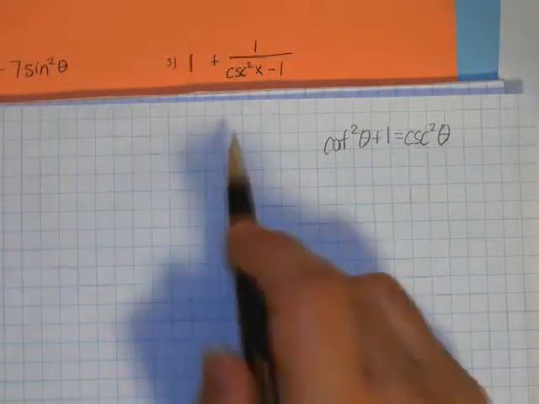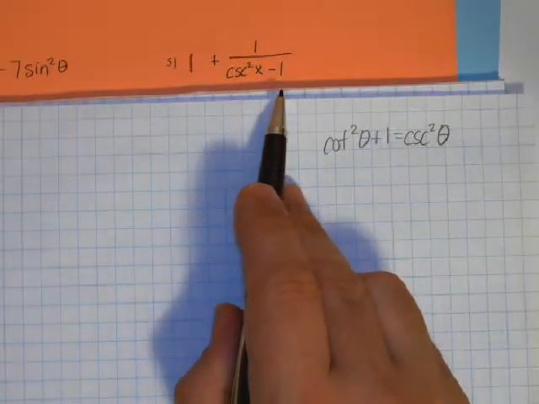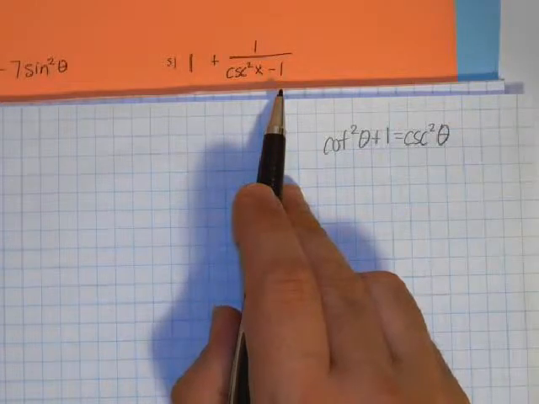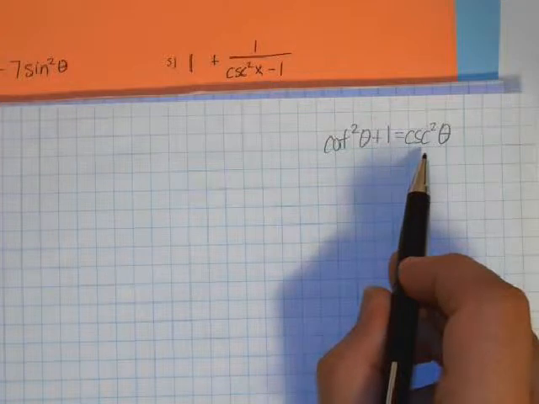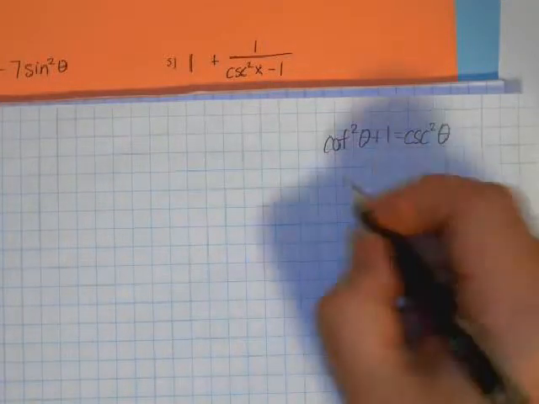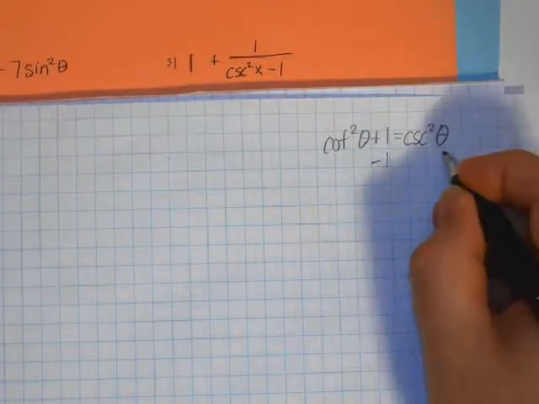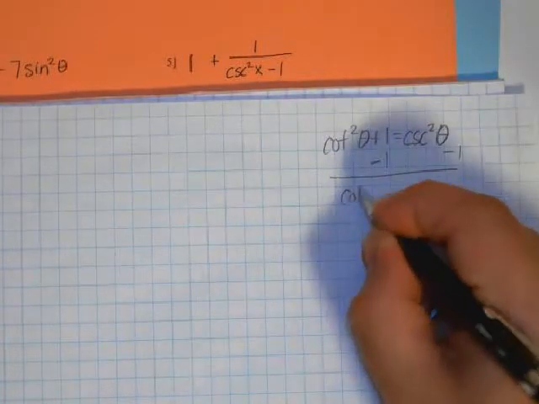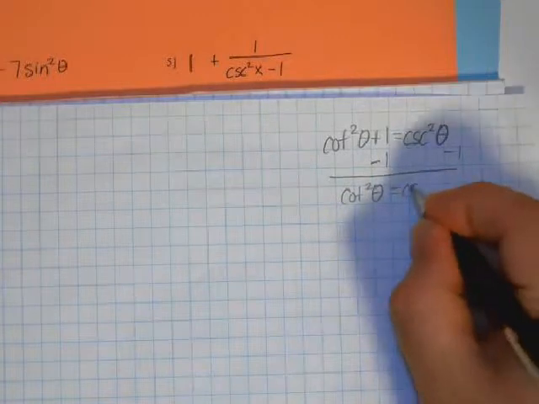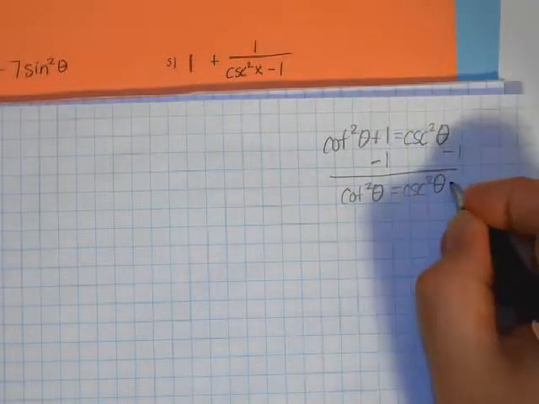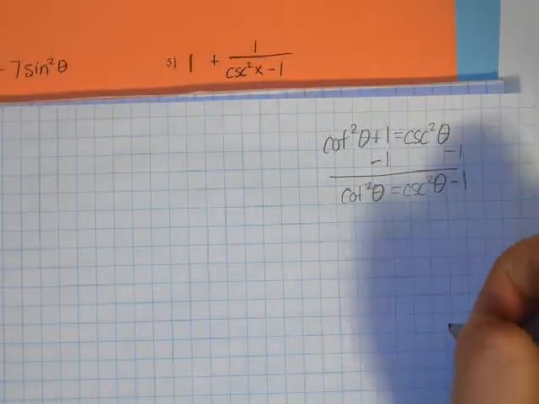For number 5, we see a cosecant squared minus 1. If we look at our trig identity sheet, we know that cotangent squared plus 1 equals cosecant squared. Notice that by subtracting 1 from both sides, I get cotangent squared equals cosecant squared minus 1.